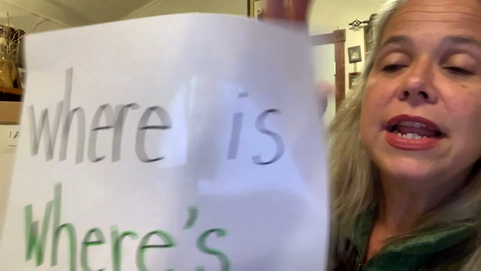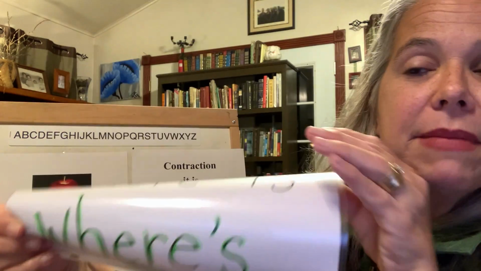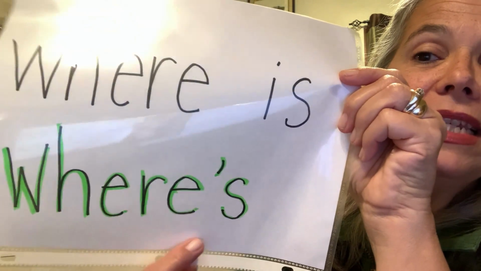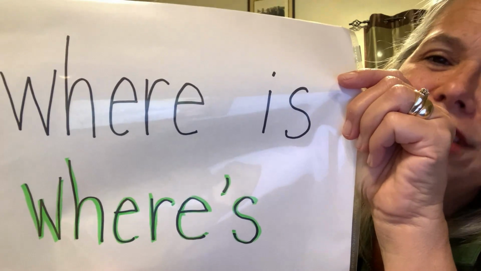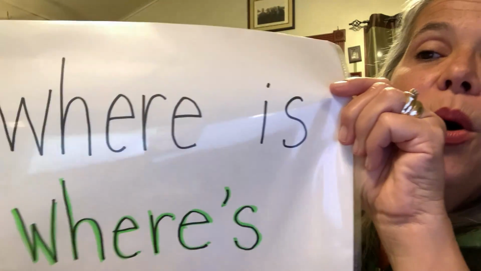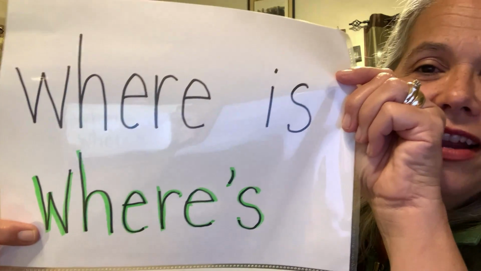Let's look at our very first one. This one is where is, and the word that it makes is where's. Now look, the apostrophe means that we have a missing letter. What letter is missing? Right, the letter I. Where is makes what? Where's.